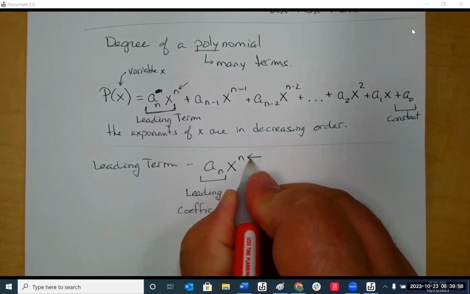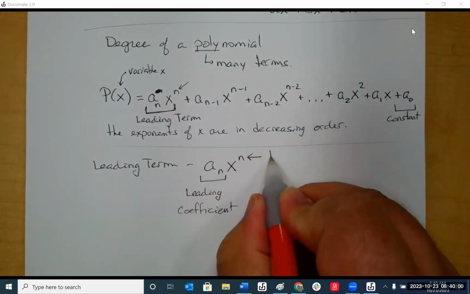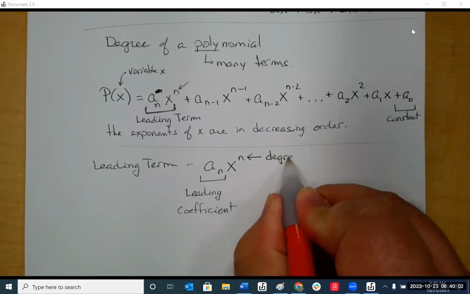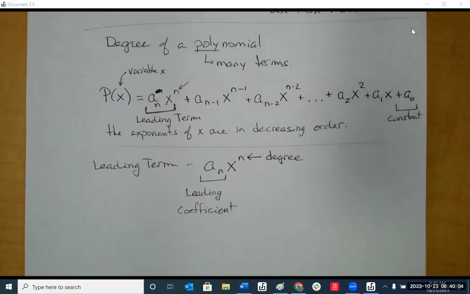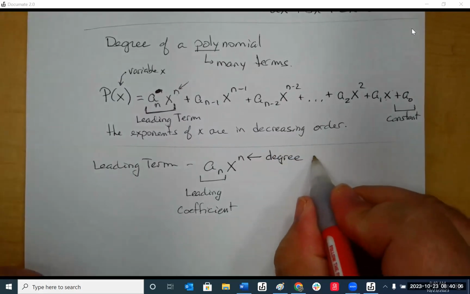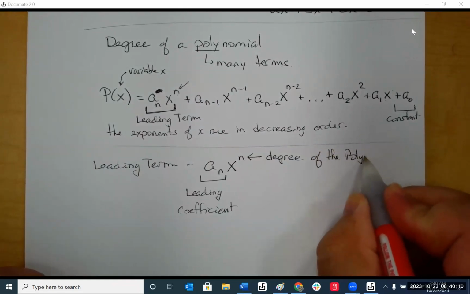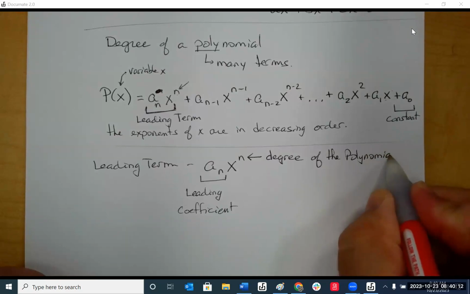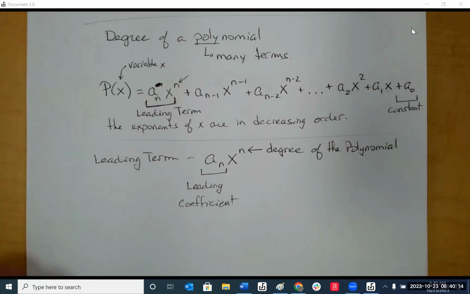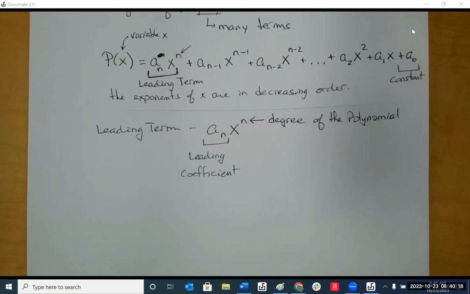The n, the largest exponent, is called the degree of the polynomial. The leading term tells us a lot. I've talked about this a couple of times.